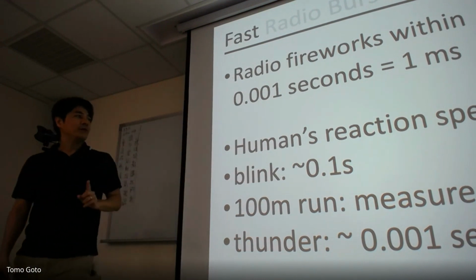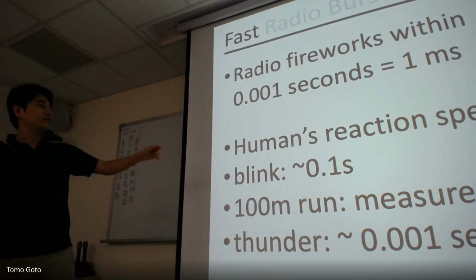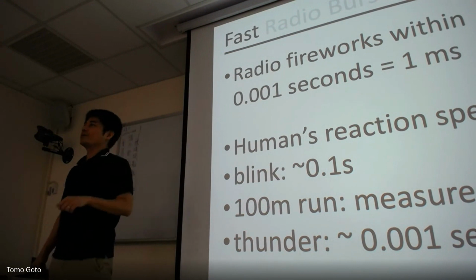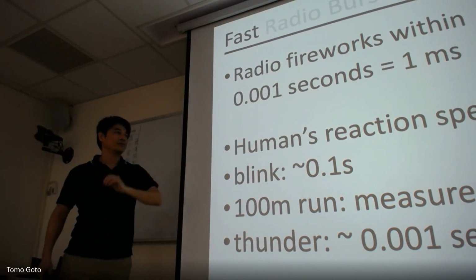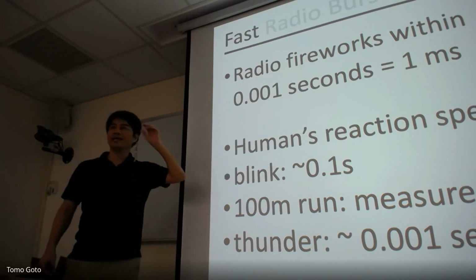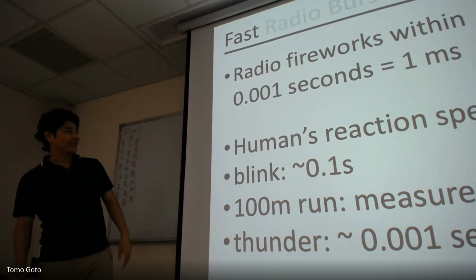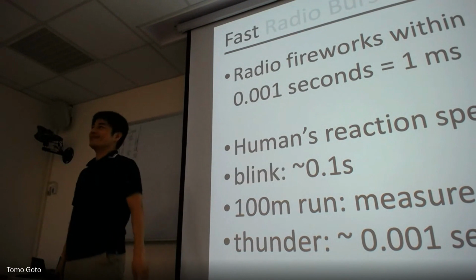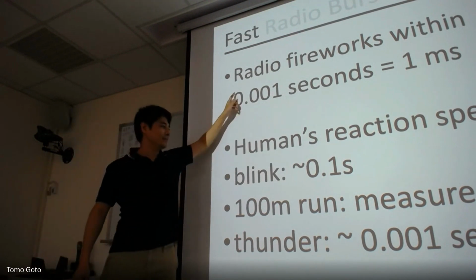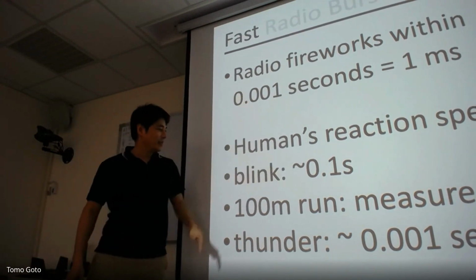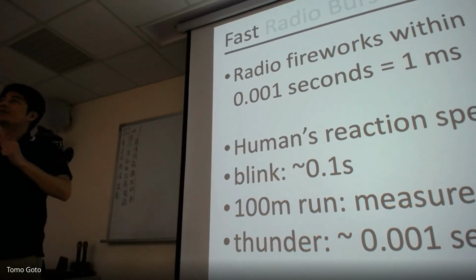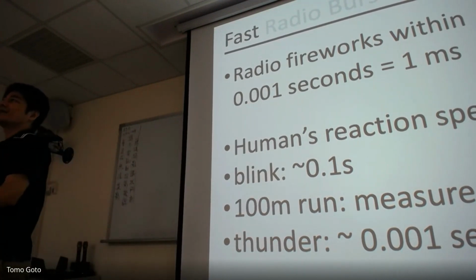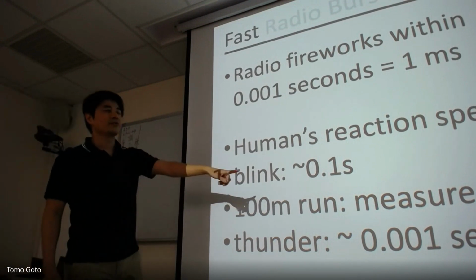For example, how fast is it? Human reaction speed is, for example, 0.2 seconds. Blinking your eyes, I heard, takes about 0.1 seconds. So this is much faster than these. In a 100-meter run, when people take a record, the minimum unit is usually 0.01 seconds.